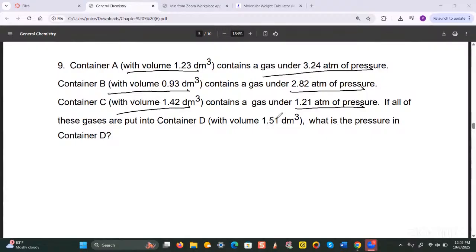Now, this question basically will require the use of two laws. Can anybody tell me what those two laws are? There are two laws that you'd have to use in order to solve this problem.